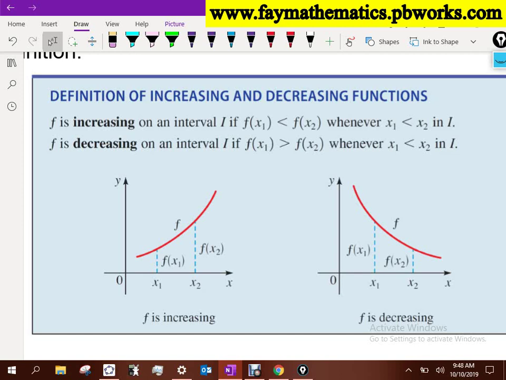So when we're trying to classify something, we don't accidentally include something as increasing where it is maybe decreasing, or accidentally classify something as increasing where it's actually constant. Does that make sense?